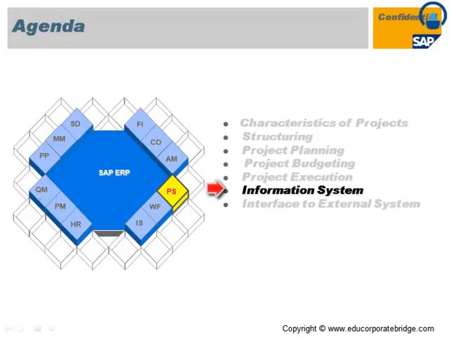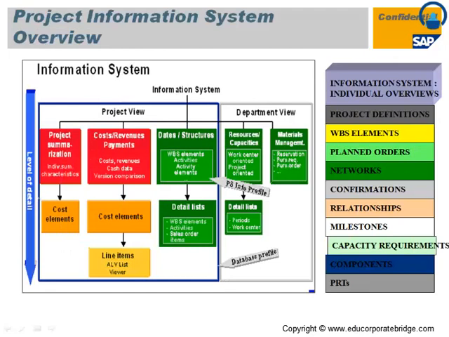Project information system. The project information system is nothing but where you can trace the reports provided by the standard SAP system, which can be viewed on the basis of the project, WBS and the network.